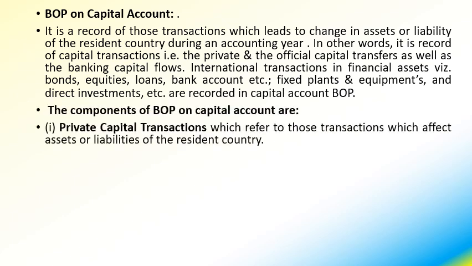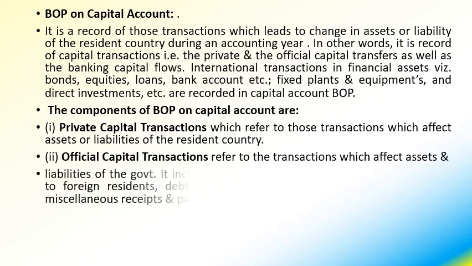So the components of the capital account are basically private capital transactions. It refers to the transactions that affect the assets and liability of a resident country. If a resident is buying any foreign assets, foreign goods as assets, then it will change the position. Or if they are making payment directly for any loan they have taken from a foreign country, then that is private capital transfer.